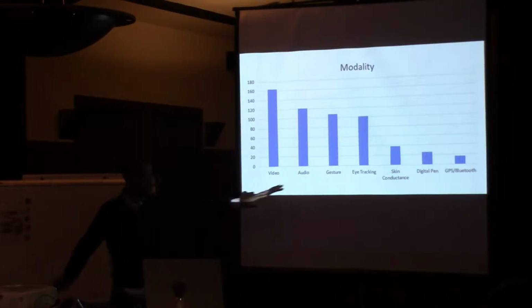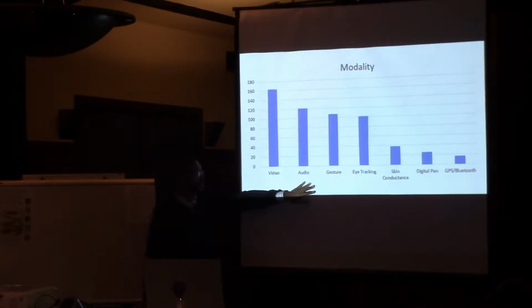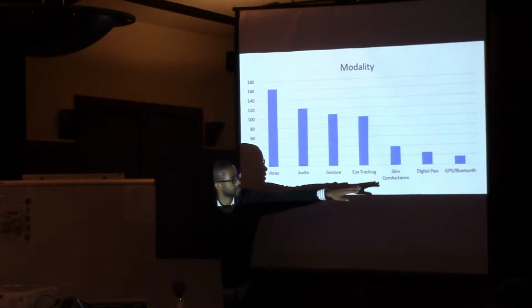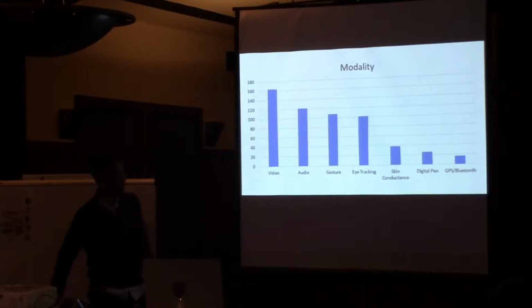And these are just the primary modalities. A lot of them are using video, 160. A large number are using audio, gesture, eye tracking, skin conductance, digital pen, and GPS and Bluetooth. Just to give you a sense of what some of these things are. And if people have questions around how some of these specifically are used that I don't get to, feel free to ask me later on.